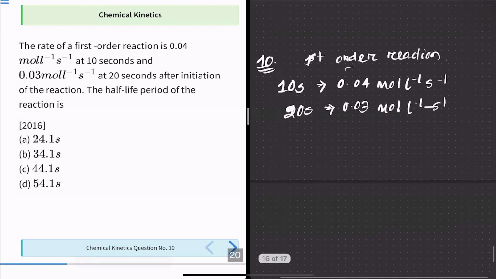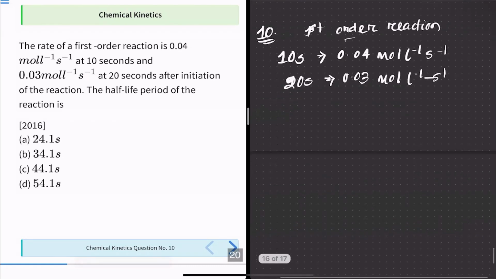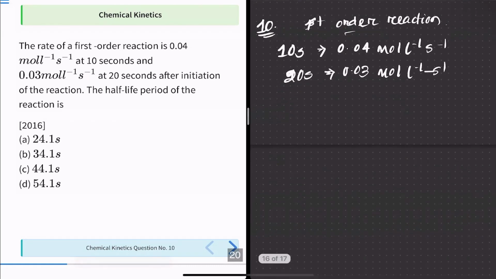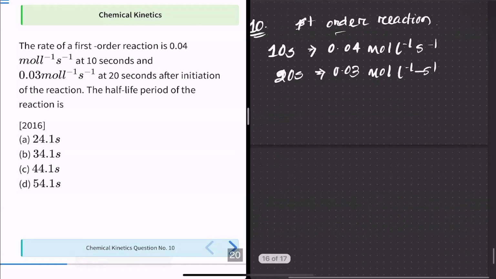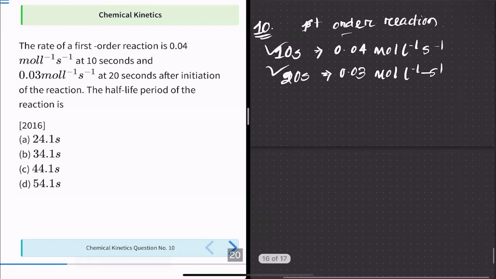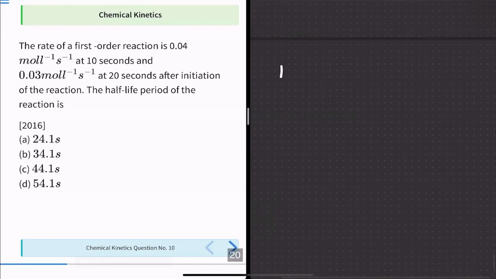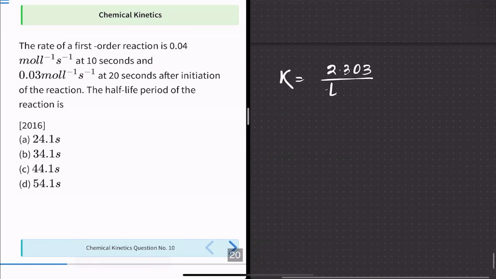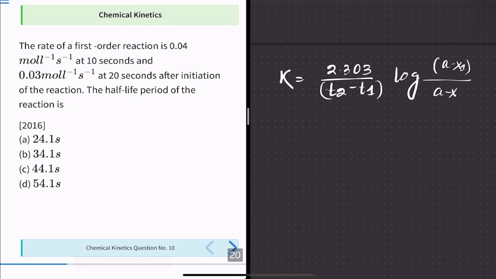Okay. So let's write it in this way. There is a formula for this type of question: K is equal to 2.303 divided by (T2 minus T1) times log of (A minus x1) divided by (A minus x2).